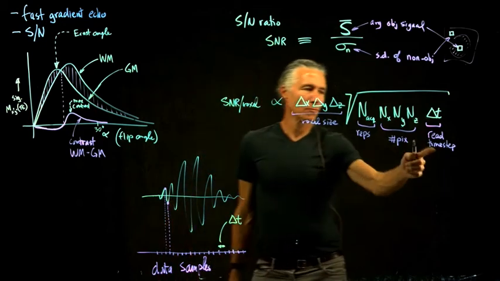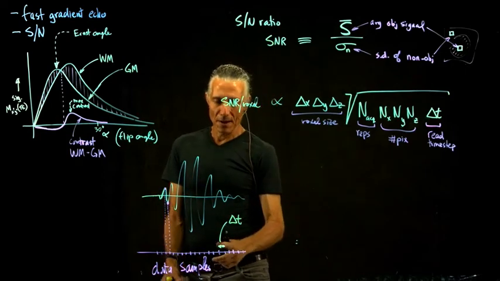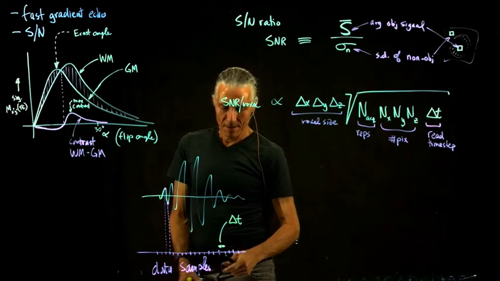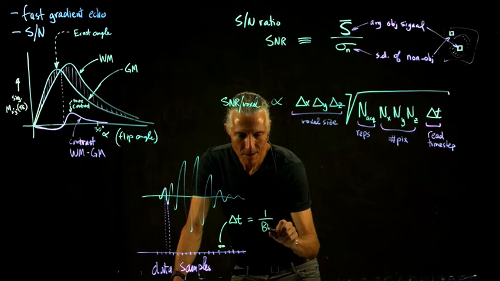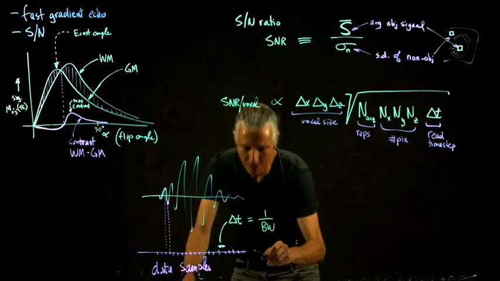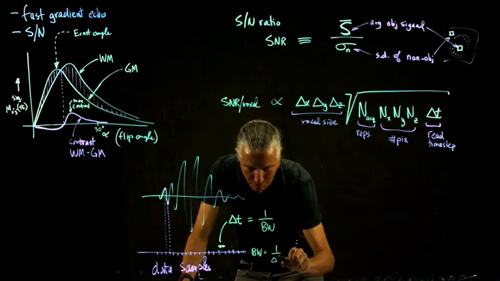So it's the read time step, how much time in between the read time step, and that equals 1 over the bandwidth. Or alternatively, the bandwidth equals 1 over the read time step. Same thing.